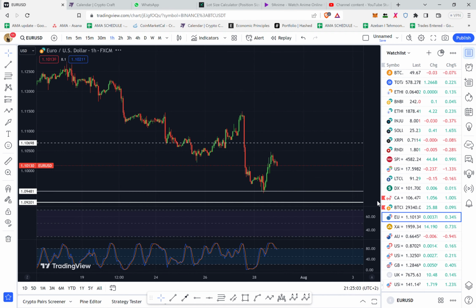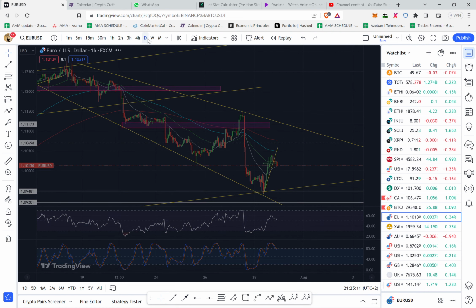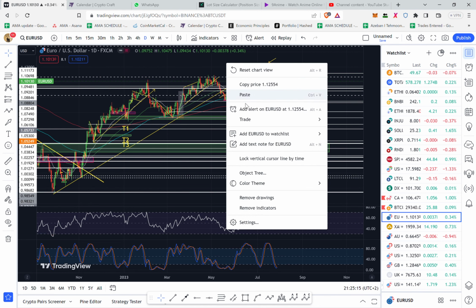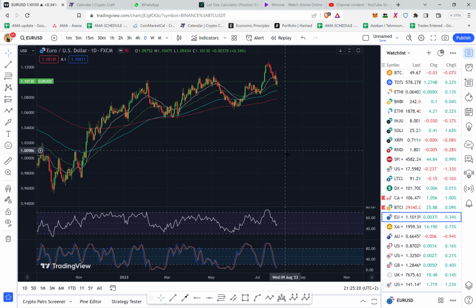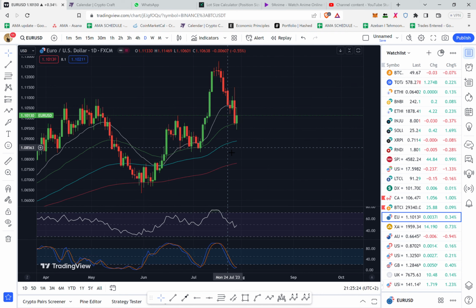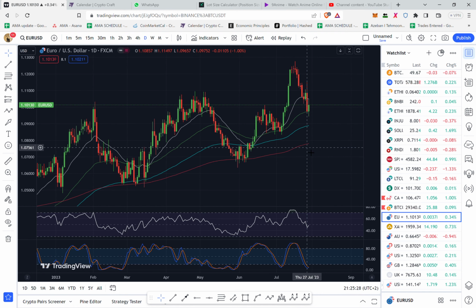So let's start with Euro. My chart's a bit messy actually. Let's go into the daily. It's very messy. Let's clear it. Alright, so on the daily chart, first thing I'm going to do is identify points of structure.